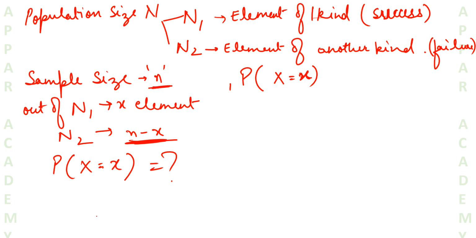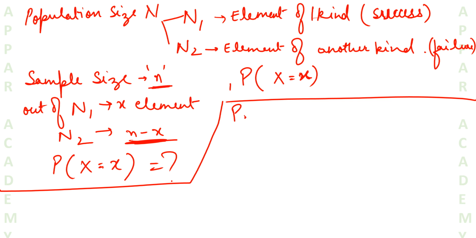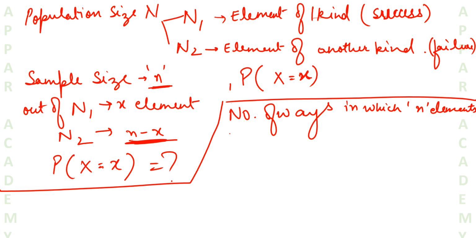What is this probability? In order to find the probability that X is equal to x, that we are getting x elements of one kind out of the sample size of this small n, first of all we need to find the number of ways in which n elements can be selected from capital N elements, right?